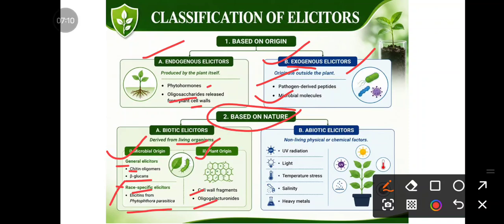Examples are UV radiation, light, temperature stress, salinity, heavy metals. These can act as elicitors and can trigger plant defense response. So this is about the classification of elicitors.